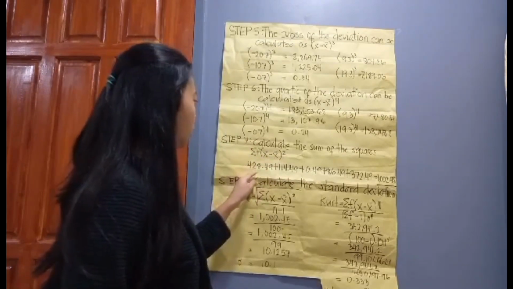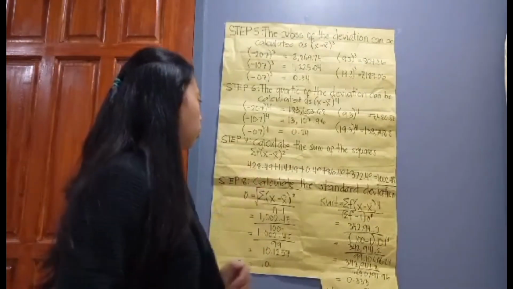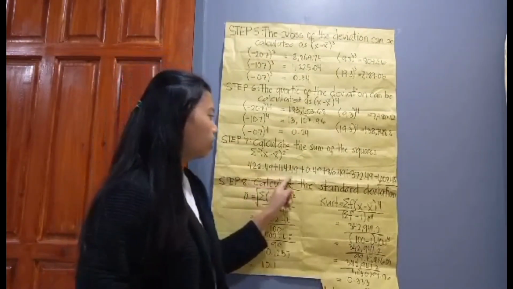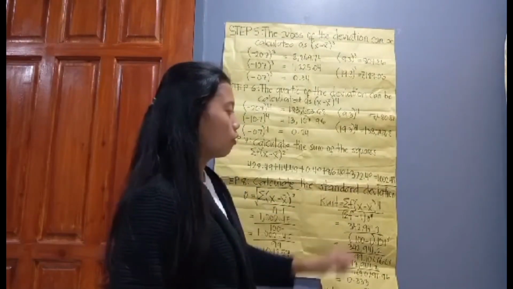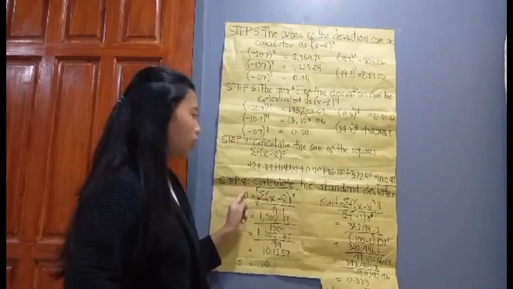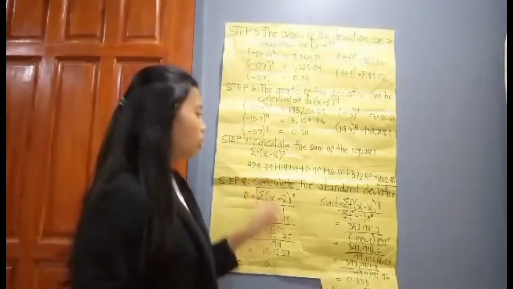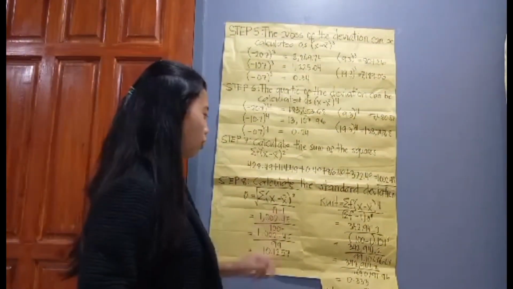So we have here 428.49. We add all of them and the result is 1002.45.